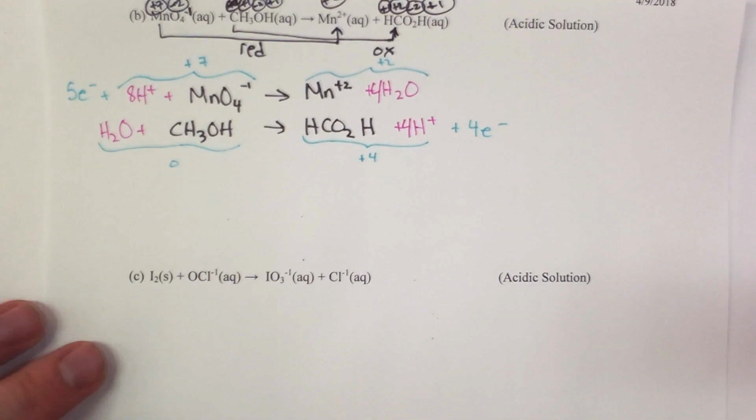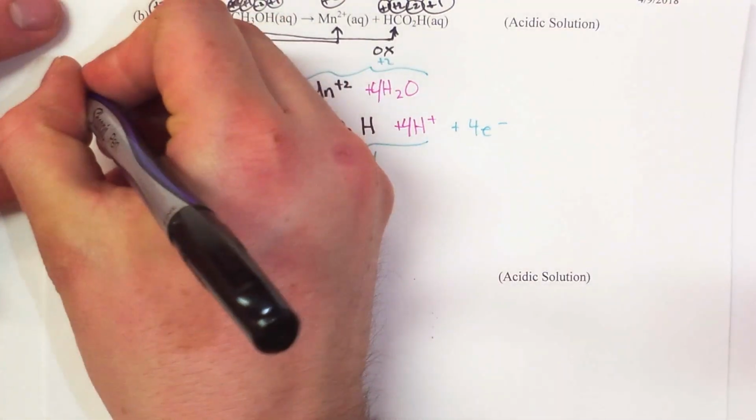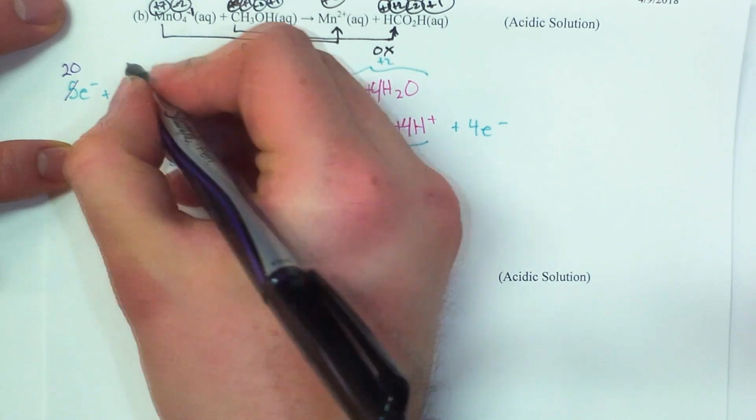We need the electrons to balance for us. So I have a 4 and a 5. So the closest we're going to get is 20. So we're going to multiply each side by 4.